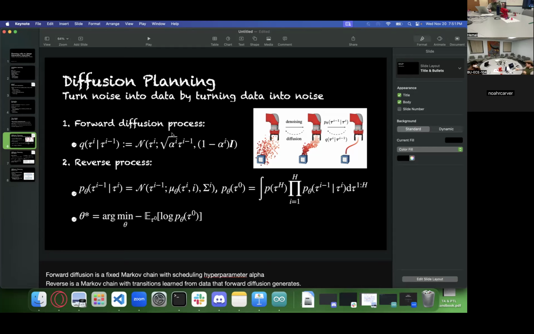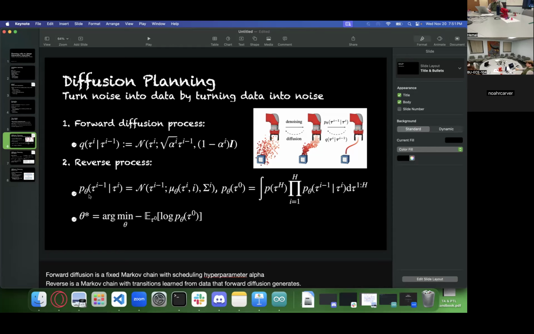And then this is basically just math cheating, but we're kind of shrinking our data a bit when we're multiplying it by the square root of alpha i. So it gets complicated when we start trying to reverse it. We introduce this theta parameter here, which is just the parameters for the neural network.